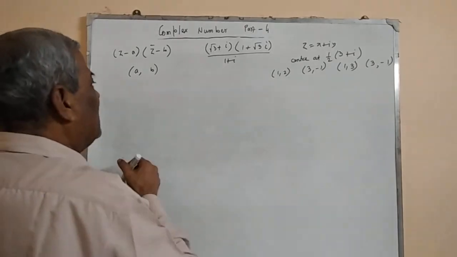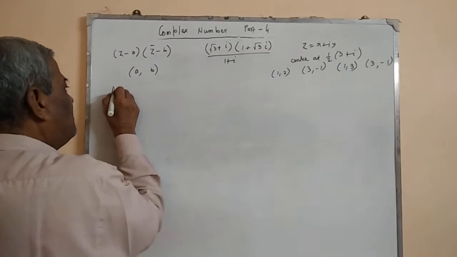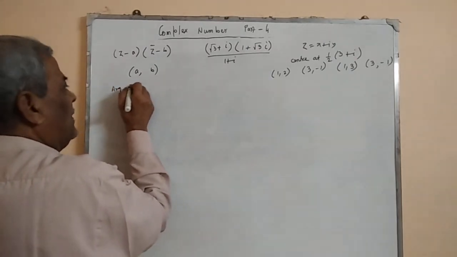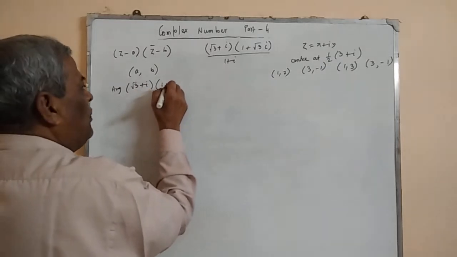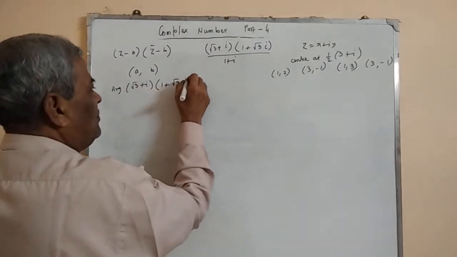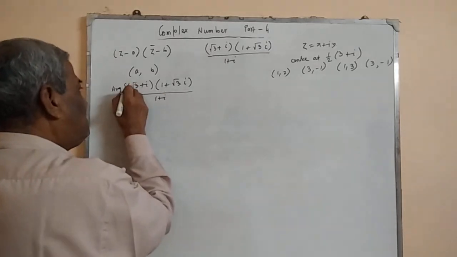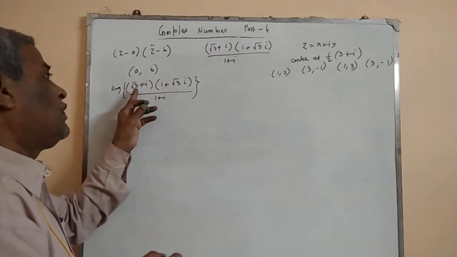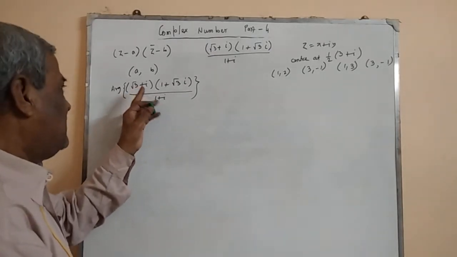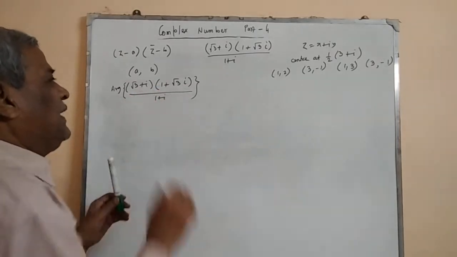Now, calculate argument of the right hand one, root 3 plus i into 1 plus root 3 i divided by 1 plus i. Actually, there are three complex numbers, given as a product of two divided by one in the denominator.